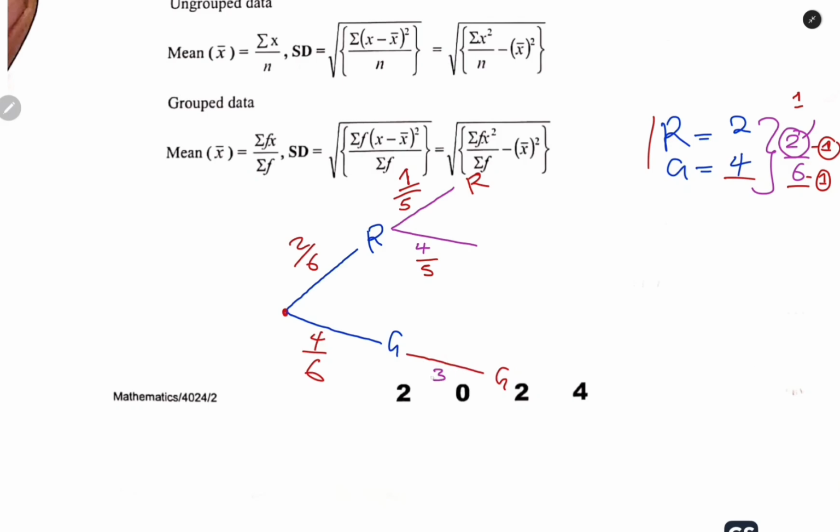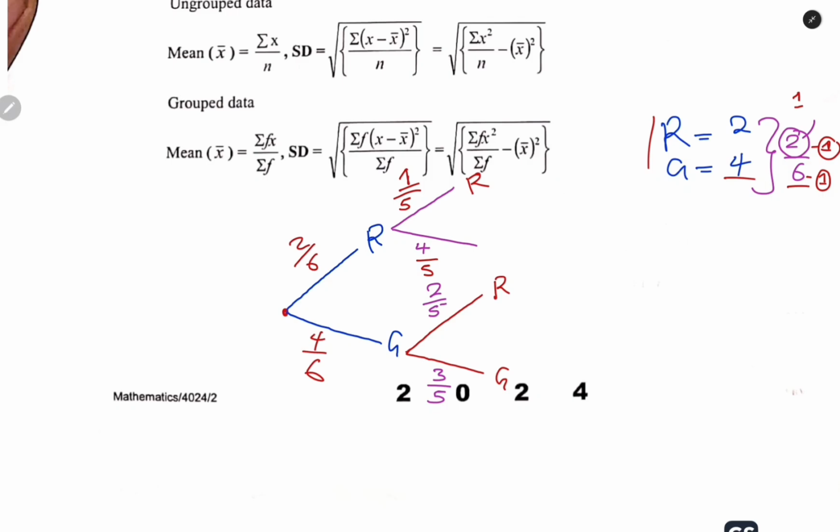The probability will be 3 over the total, which is 5. So if the green one was picked, the red remains the same, so it will be 2, but the total becomes 5. I guess you followed here.